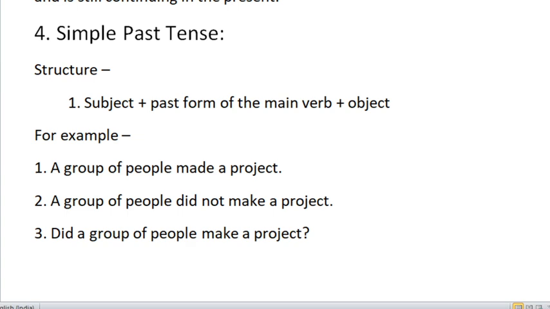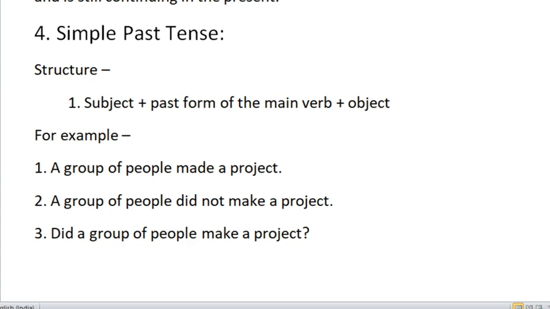We are not going to use the past form of the main verb. We are going to use only and only the main verb, present form of the main verb, that is root form. Okay, a group of people did not make a project, not made again.